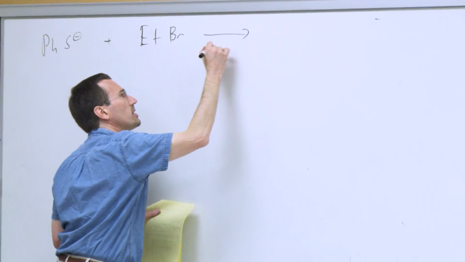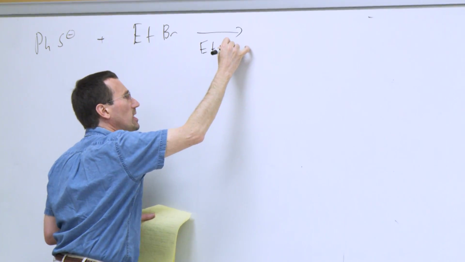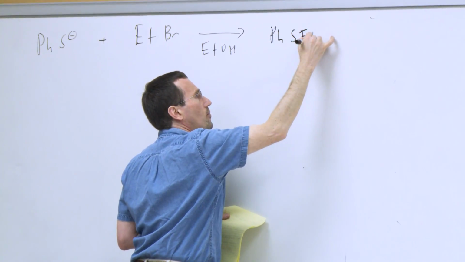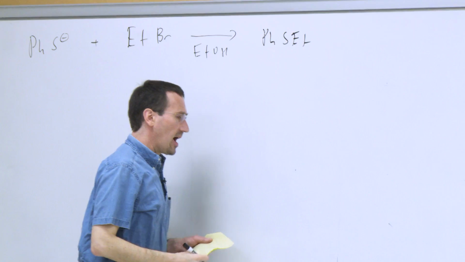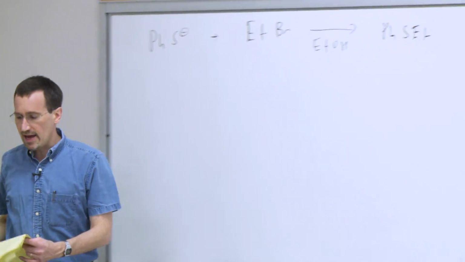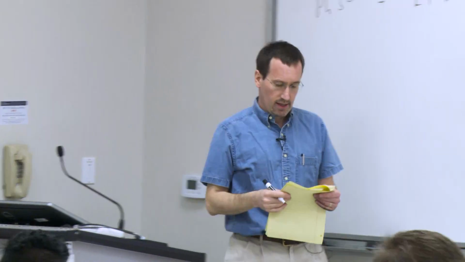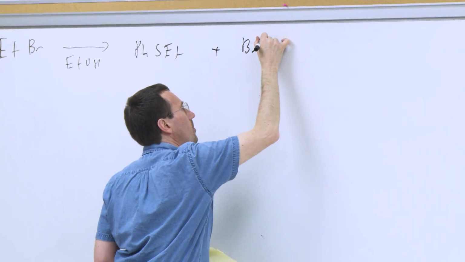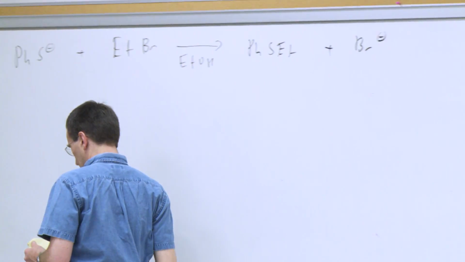Let us imagine that we do this same reaction in ethanol. Our product would be ethyl phenylthioether plus bromide anion.